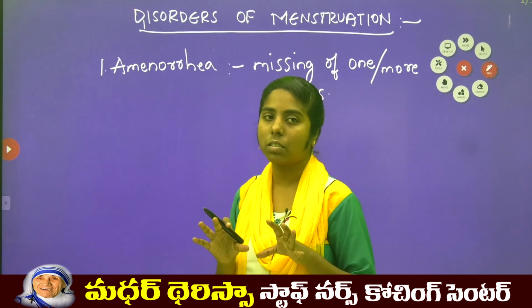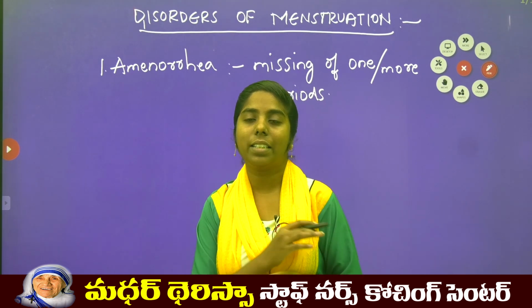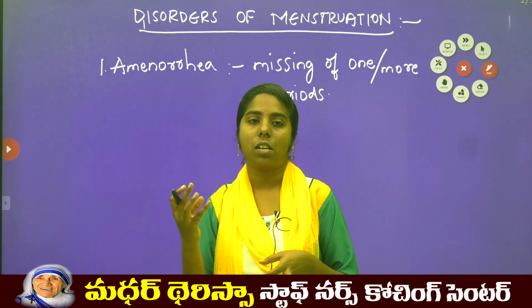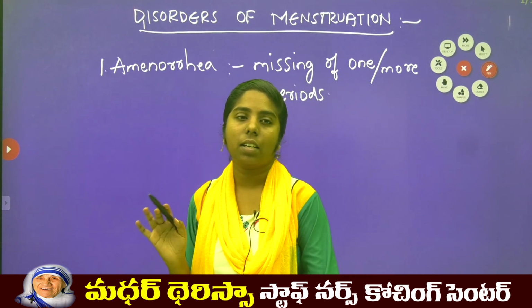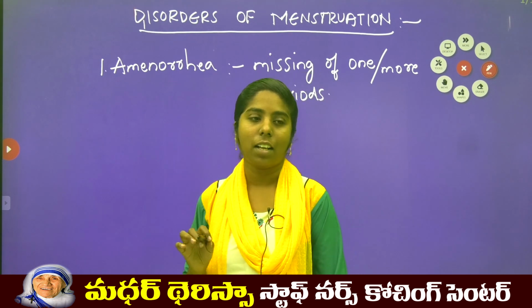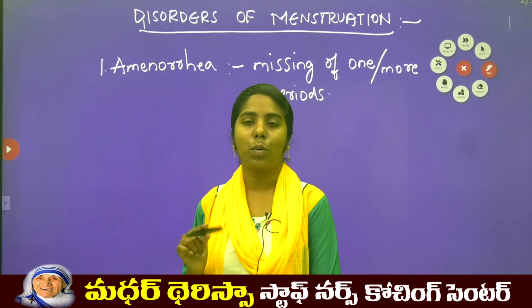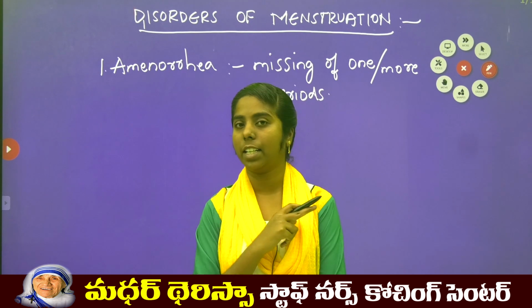In short, what is amenorrhea? Missing of one or more periods. This is again of two types: primary amenorrhea and secondary amenorrhea.